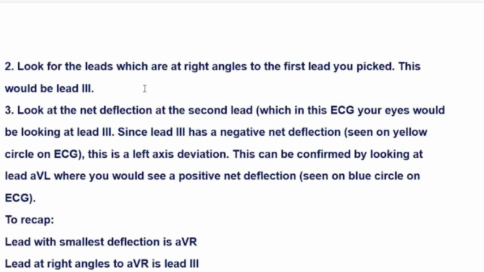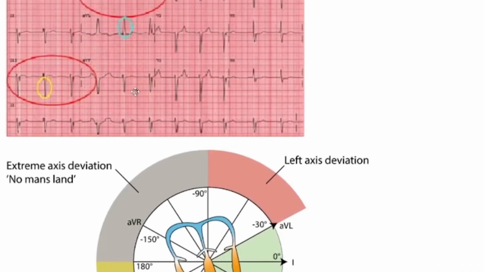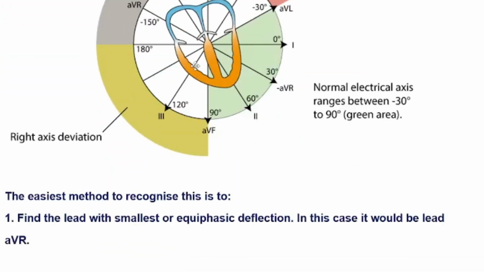And second, we should look for the lead which is at right angles to the first lead we chose. This would be lead 3, at right angles with aVR, and lead 3 is negative here.